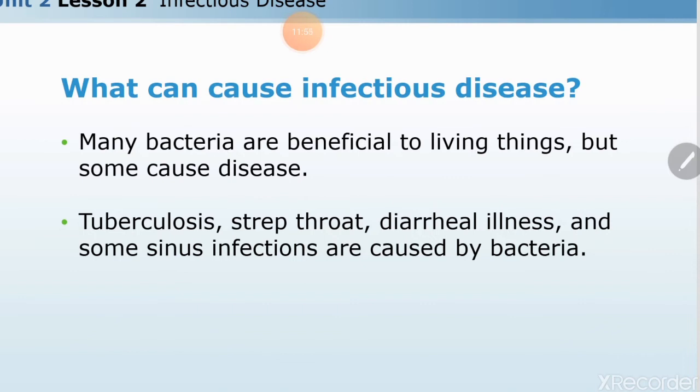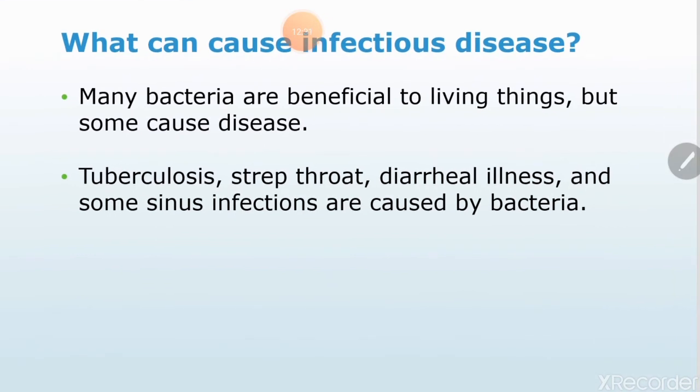Okay, also some other types of bacteria are very important for making some types of food like the yogurt. It needs bacteria to be made, and many other benefits from some bacteria. At the same time, some types of bacteria are very, very harmful, and they can cause very serious diseases, such as the tuberculosis.